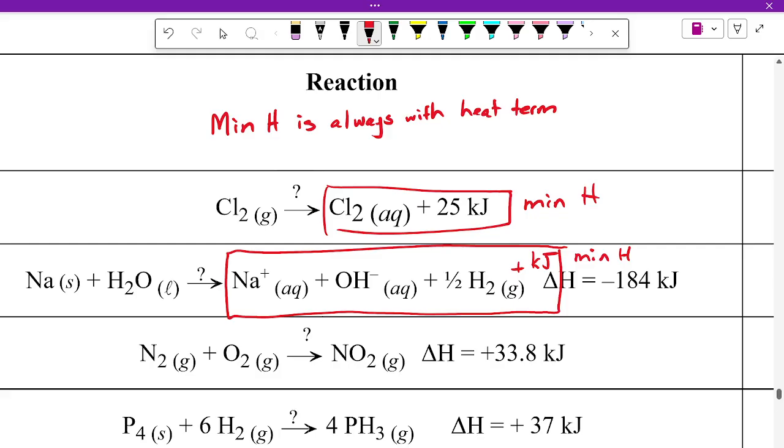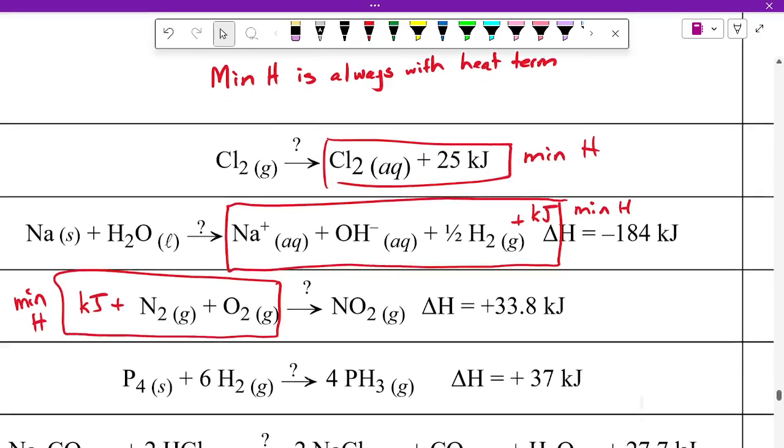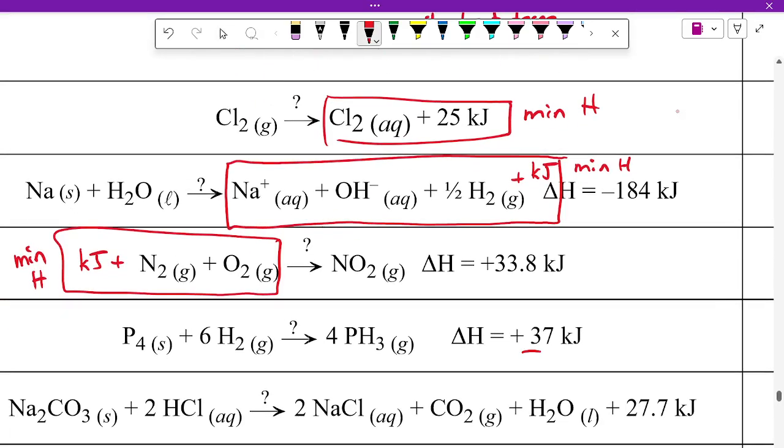Here we have positive delta H, so this side has minimum enthalpy.